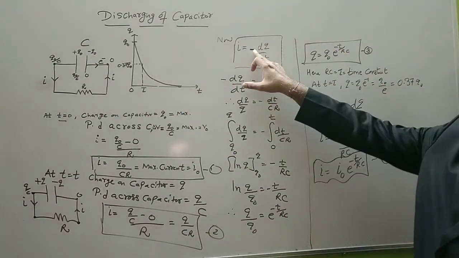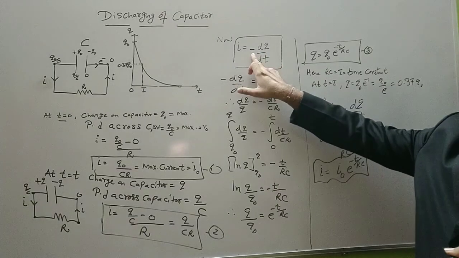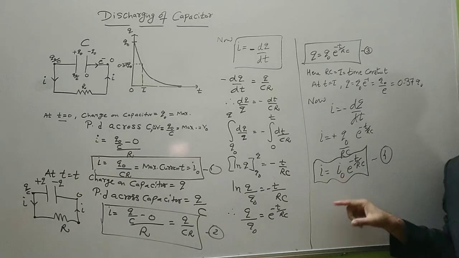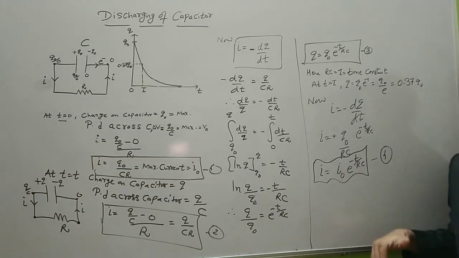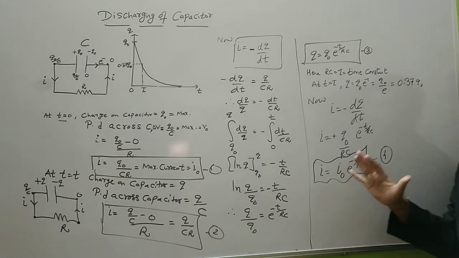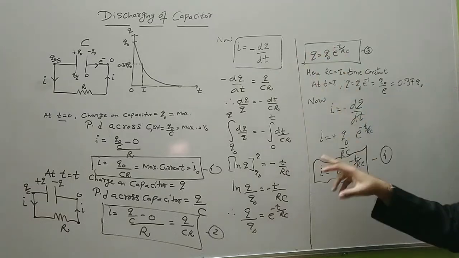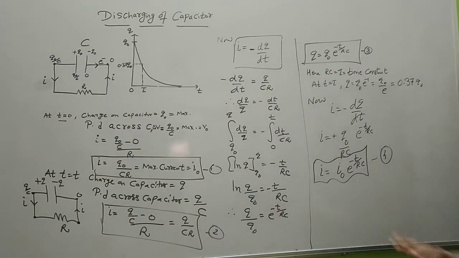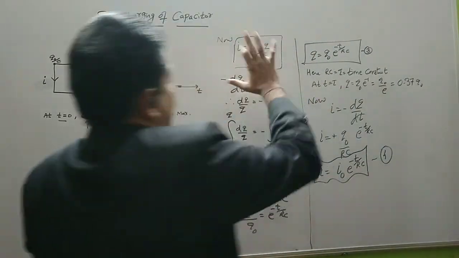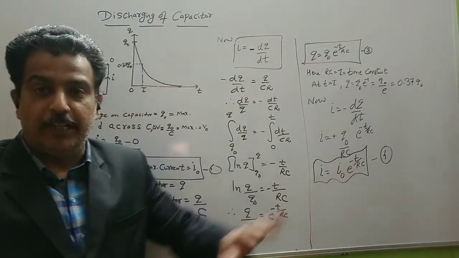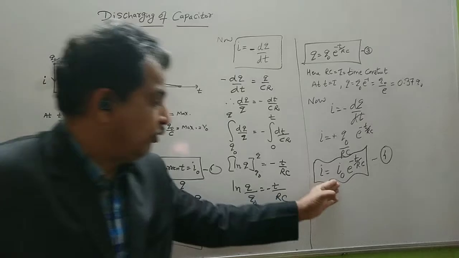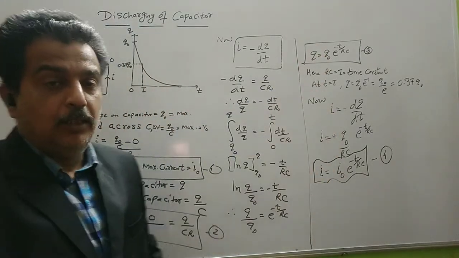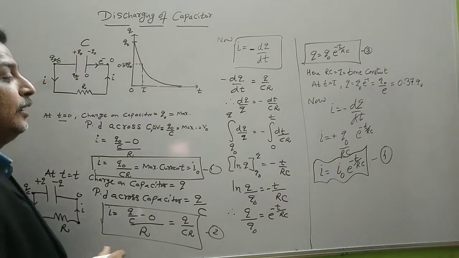Now see this, if you don't want to take this minus sign, there will be one minus sign here, so the graph will be drawn in the negative axis. But some books don't have this minus sign, so they put this minus sign here. We have taken the negative sign, so this is a positive value. Now what should be the graph of this, since both equations are the same? So the graph is also the same.